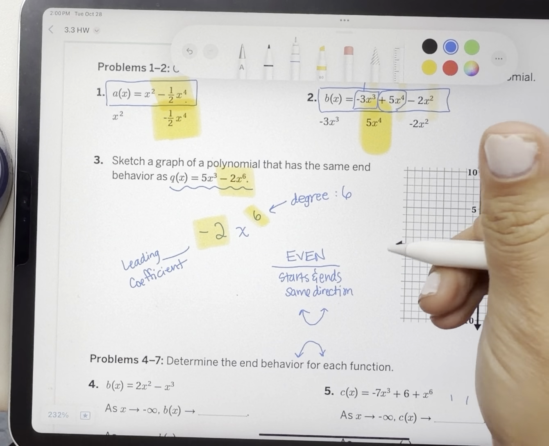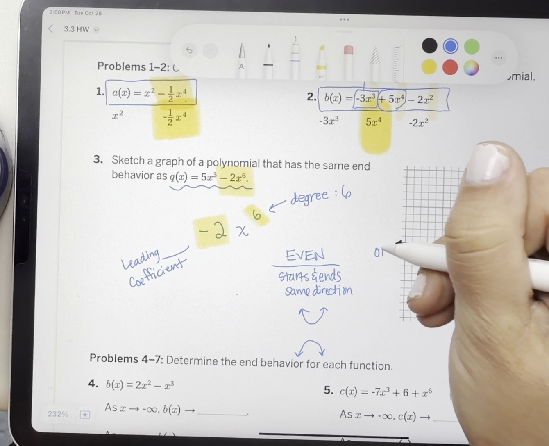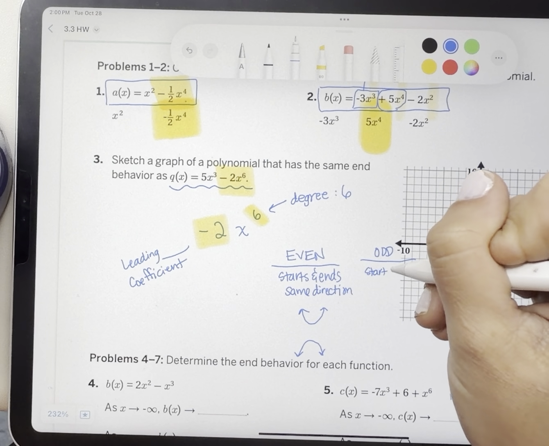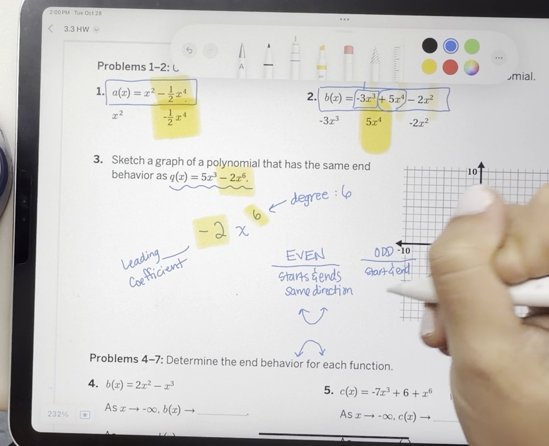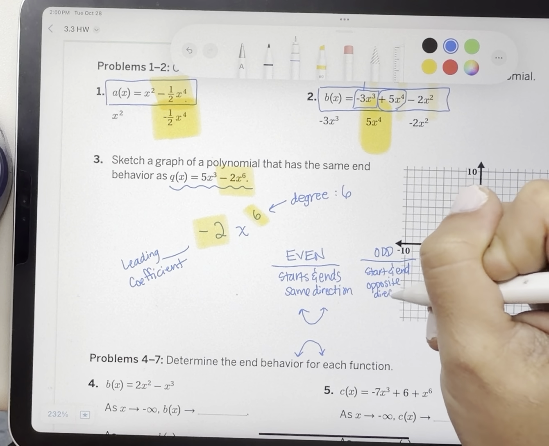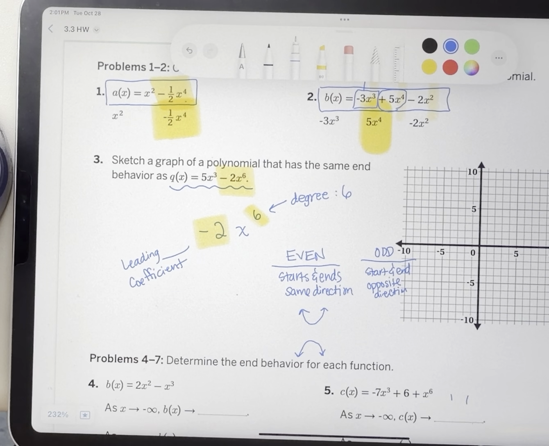Okay? A degree that's odd tells me that I start and end in opposite directions. So again, it doesn't tell me which direction, just that they're opposite.